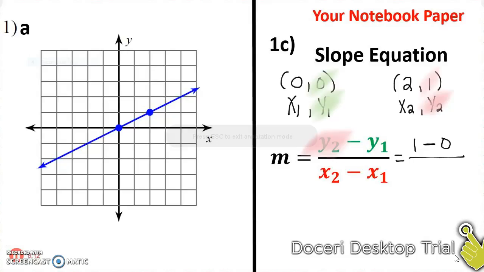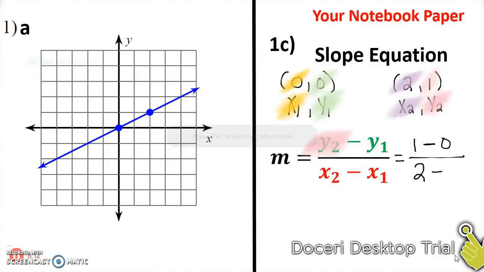Next, the formula says, okay, now go to x sub 2. So I have to identify what x sub 2 is, and I can look right here. X sub 2 is 2, so I'm going to write down 2. The formula says I have to subtract from x sub 2, x sub 1. So I'm going to go over to my ordered pairs where I've designated what everything is, and I notice that x sub 1 is 0.